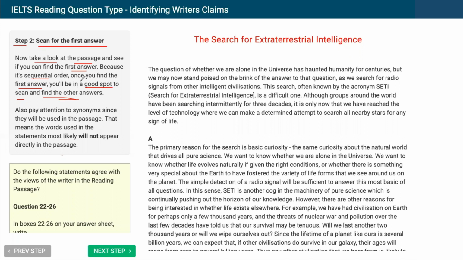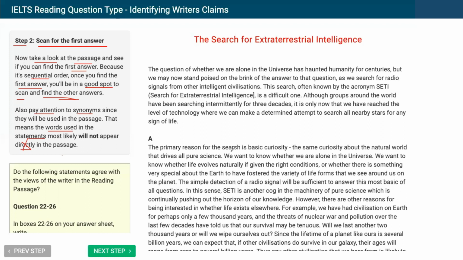And this is something that most students don't do. That's why they're reading everywhere in this passage and it's eating up a lot of time. So don't fall prey to that. We're going to fix up that nasty habit and scan in order. Also, we'll have to pay attention to our synonyms and remember that the words used in these statements are most likely not going to appear directly in the passage. Of course, that would be far too easy.